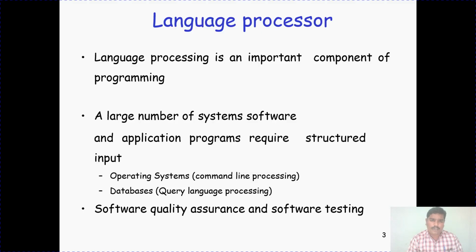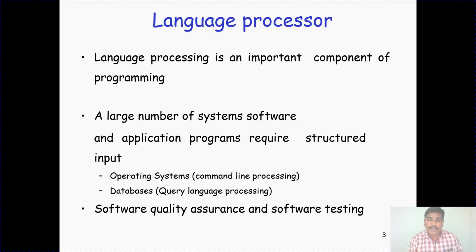Before discussing language processor, what is the computer? Computer is a mix of hardware and software. If there is no hardware in the system, is it working? Not working. Without software, it is also not working.